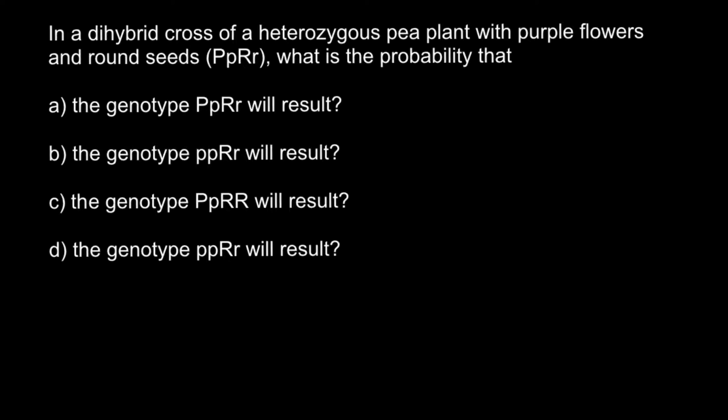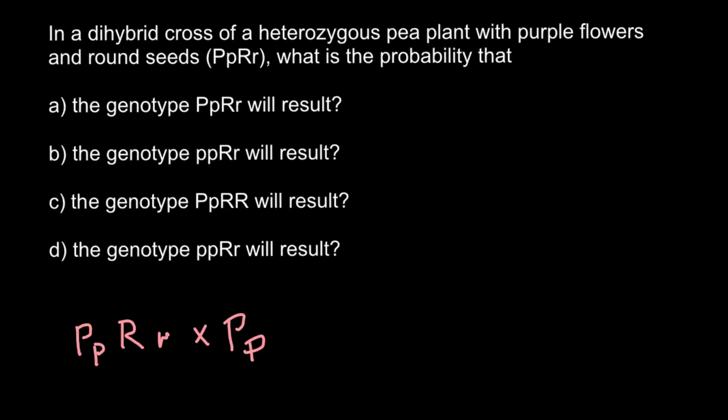Basically what we start with, we cross one genotype with another same genotype. So one parent would be capital P small p, capital R small r, and we have to cross with the same genotype, or self-pollinate.